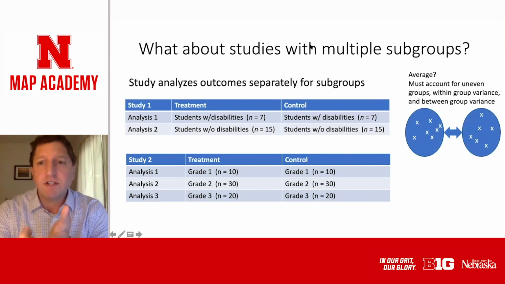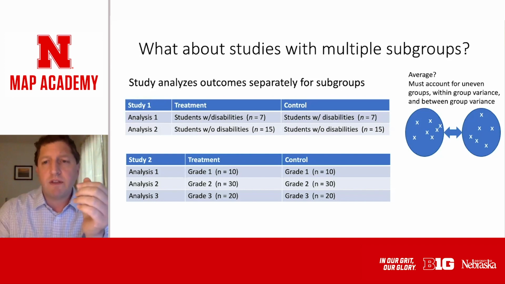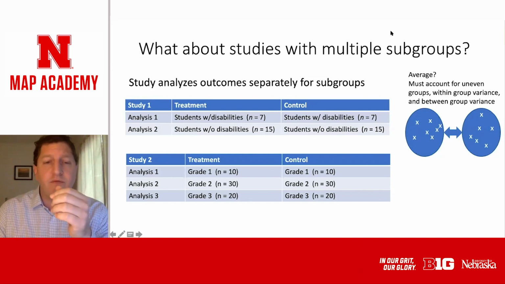So one of the questions is, could we average the effect across these two groups? And we could, and it's possible to do this. We just have to account for the different group sizes here, so we need to make sure that the average is weighted for these groups. But if we do that, then maybe we're weighting this effect size more for the kids without disabilities.